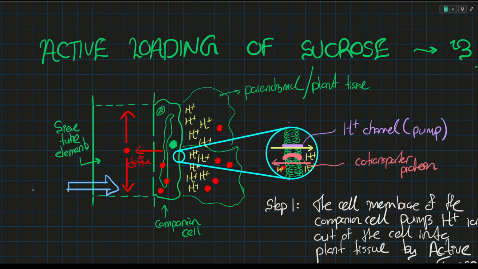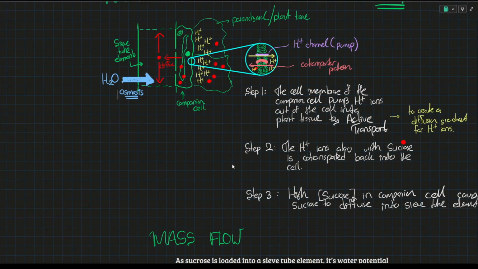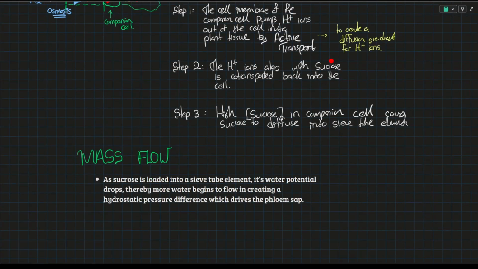Water is going to come by the process of osmosis into this cell like so. And therefore, we have a hydrostatic pressure difference because of that. Hydrostatic means water, okay? Hydrostatic pressure means water pressure. Because of that hydrostatic pressure difference, mass flow in phloem is going to be possible.